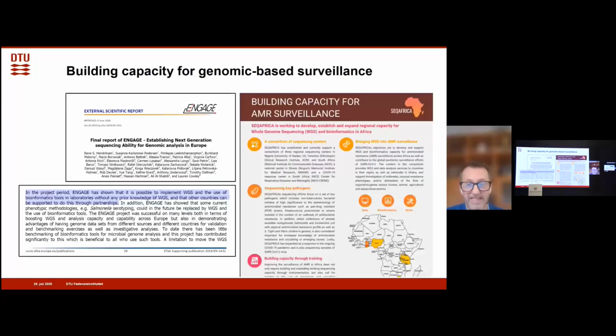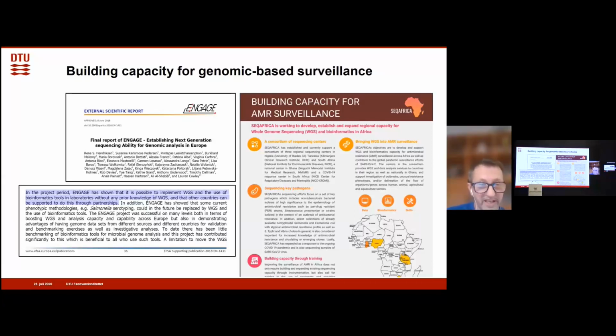So we have already some examples of building capacity for using whole genome sequencing in Europe. I was leading a project some years ago called ENGAGE, where we managed to show that, in the project period, it's possible to implement whole genome sequencing and use bioinformatic tools in laboratories without any prior knowledge of whole genome sequencing.